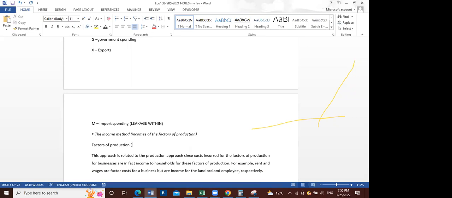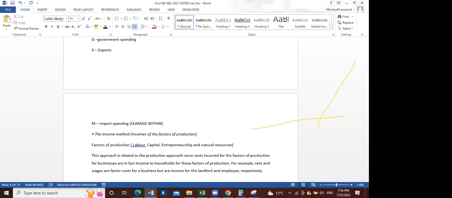The factors of production include labor, capital, entrepreneurship, and natural resources like your land, etc.